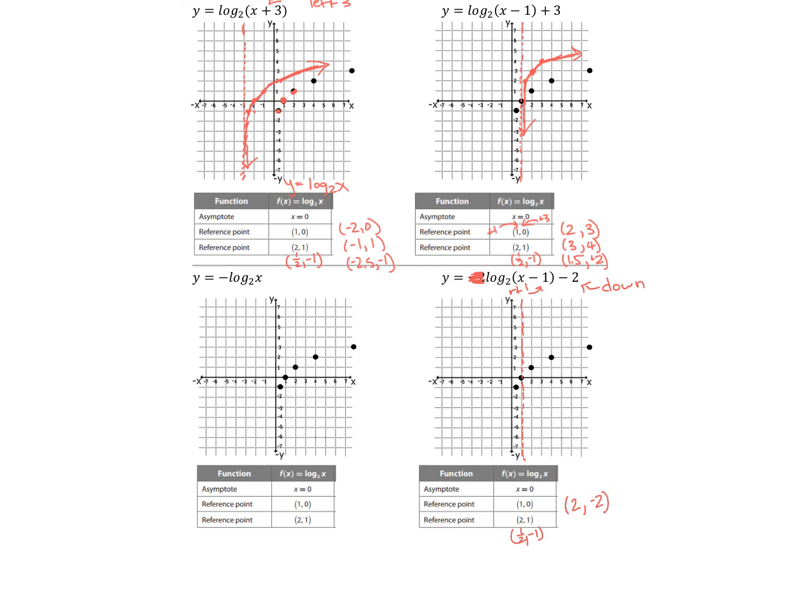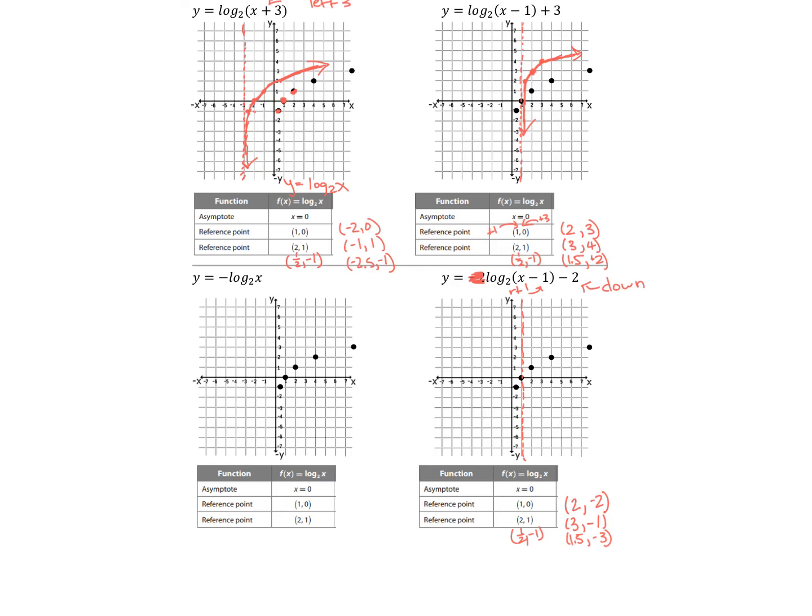2 plus 1 would give me 3. 1 minus 2 would give me -1. And then lastly, 1/2 plus 1 is my 1.5. And my -1 minus 2 is -3. So let's go up here and plot my points.